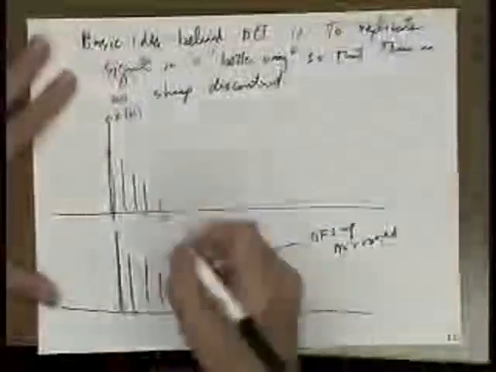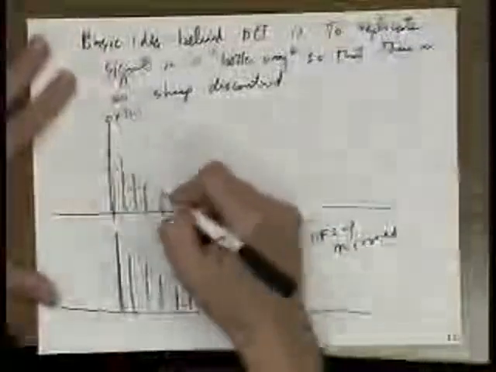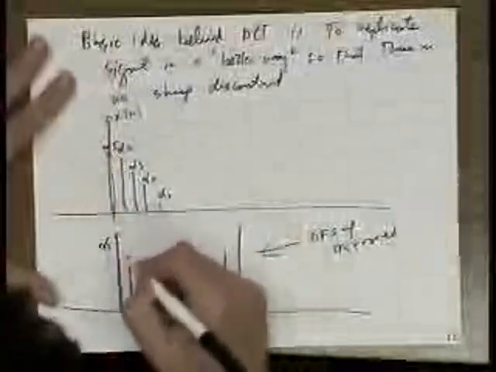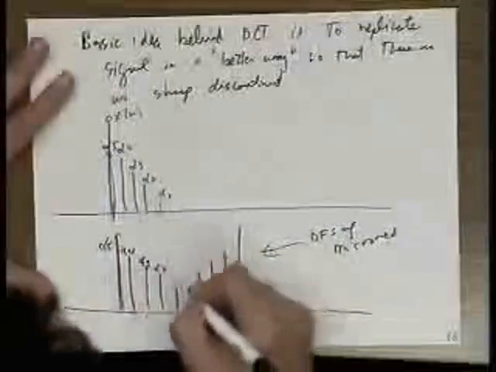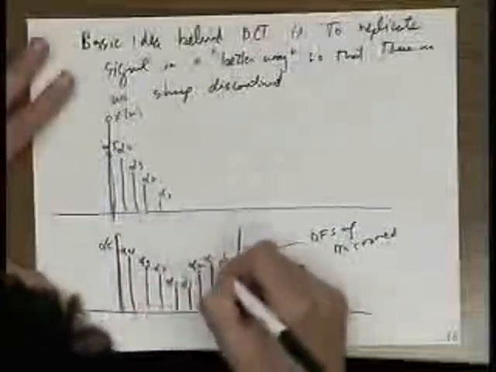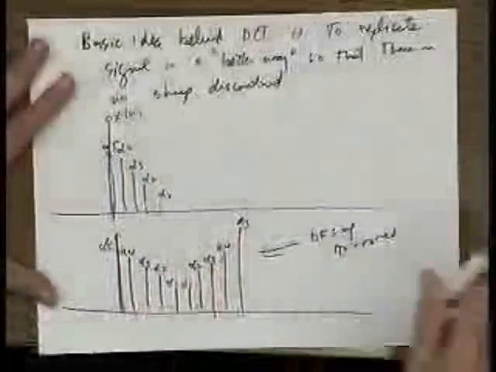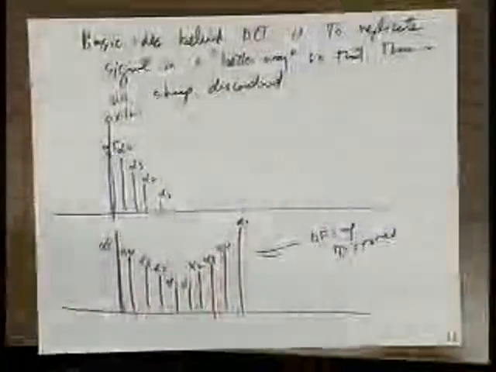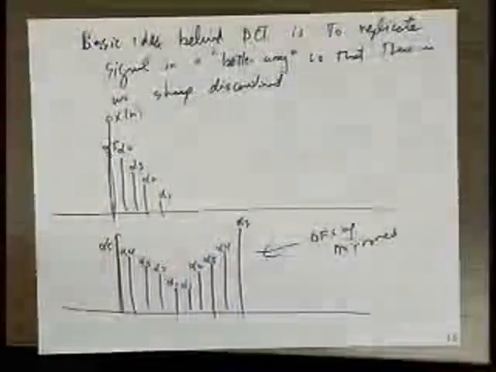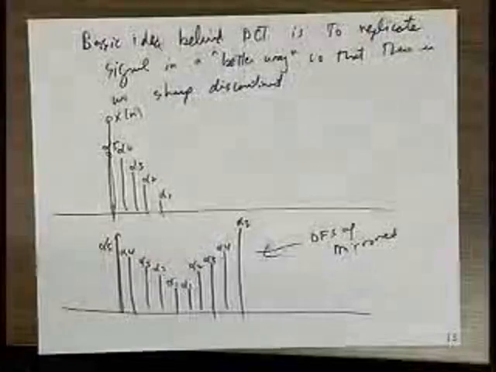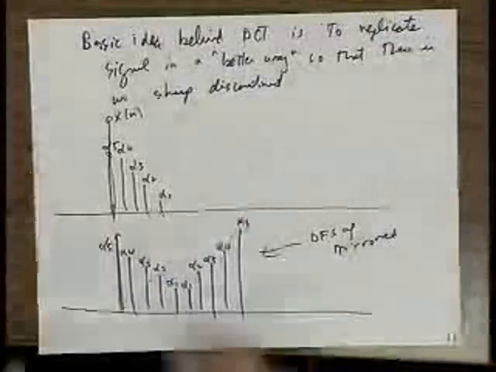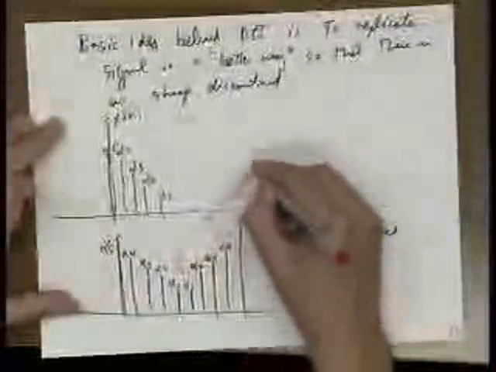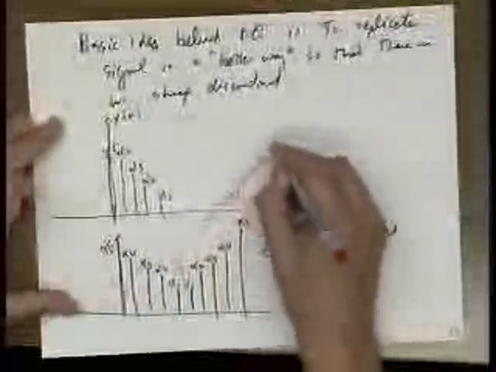So if this was alpha 1, alpha 2, alpha 3, alpha 4, alpha 5, this would be alpha 5, alpha 4, alpha 3, alpha 2, alpha 1, and then alpha 1, alpha 2, alpha 3, alpha 4, alpha 5. So in the analogy here, is the leftmost pixel corresponding to the edge of Alan's face equal to the leftmost pixel corresponding to Alan's face? Yeah. There's not going to be any sharp discontinuity. So from here to here, no sharp discontinuity. In fact, you're extending it with the least amount of change.